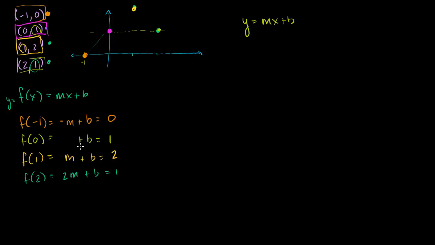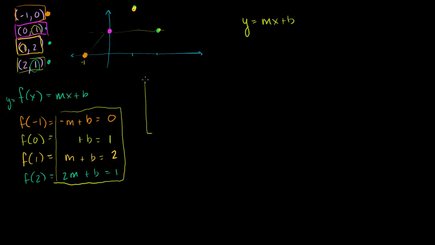Now you can immediately, if you wish, try to solve this equation, but you'll find that you won't find a solution. We want to find some m's and b's that satisfy all of these equations. Or another way of writing this, we want to write it as a matrix equation.